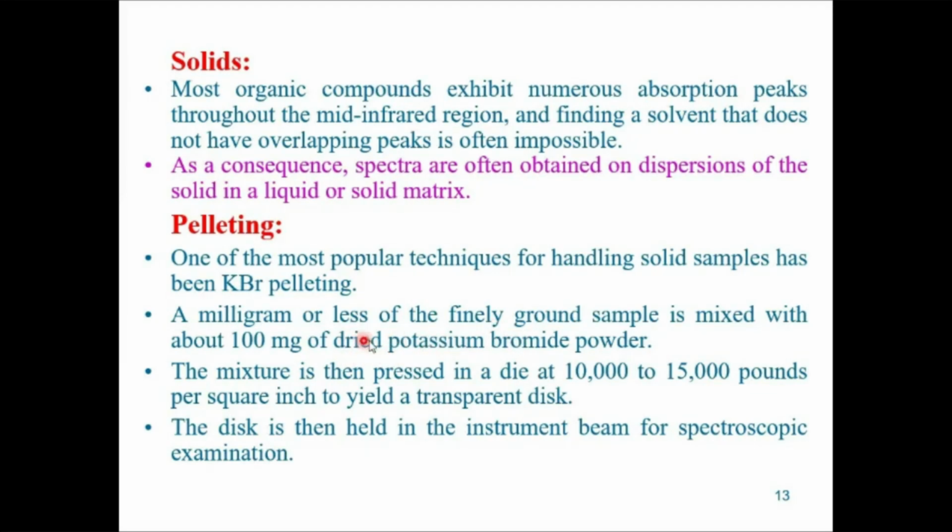It is generally kept in a desiccator. The mixture is then pressed in a die at 10,000 to 15,000 pounds per square inch, that is psi, to yield a transparent disc. The pressure is so high that KBr becomes transparent. The disc is then held in the instrument beam for spectroscopic determination.